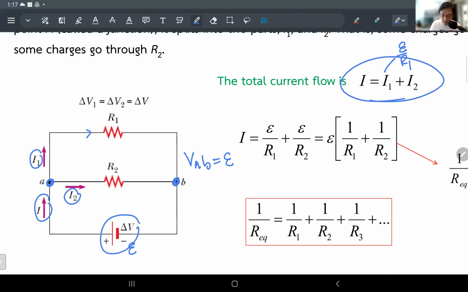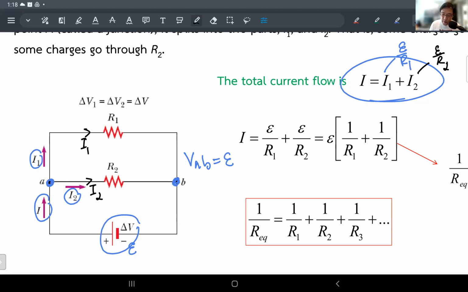Sorry, let me use black color here. Okay, here we go, I1. Every time you have a current flow through a resistor, you can use Ohm's law anytime. So I1 equals E over R1, and I2 is going to be E over R2. See, down there, I2. I just write one more time to emphasize where I am looking.